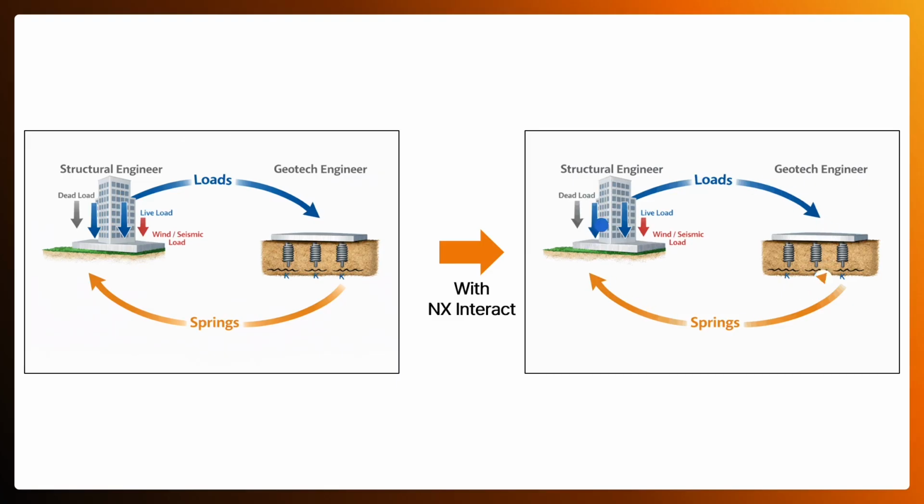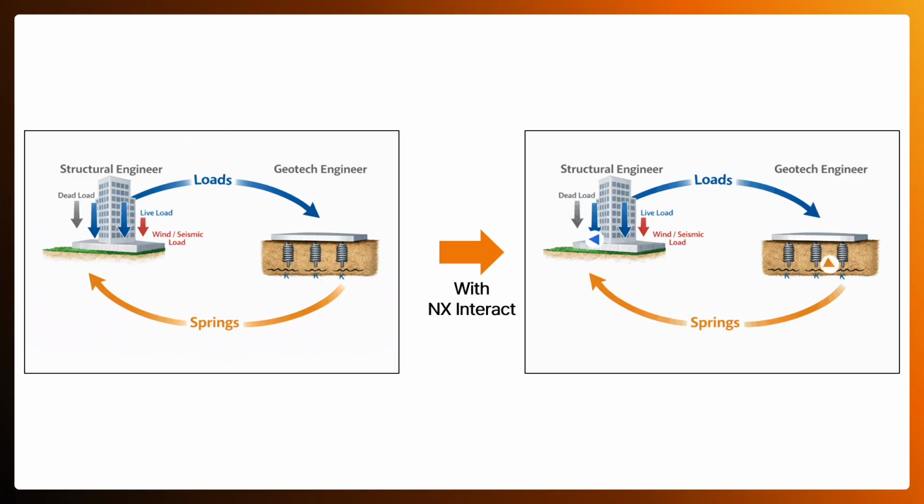So the major advantage, as we said, with respect to soil structure interaction, is that the integration between the platforms in MIDAS is extremely good, so that the process of taking the results from a structural engineer to a geotechnical engineer and back, which forms the basis for the soil structure interaction process, is automated and made much easier.